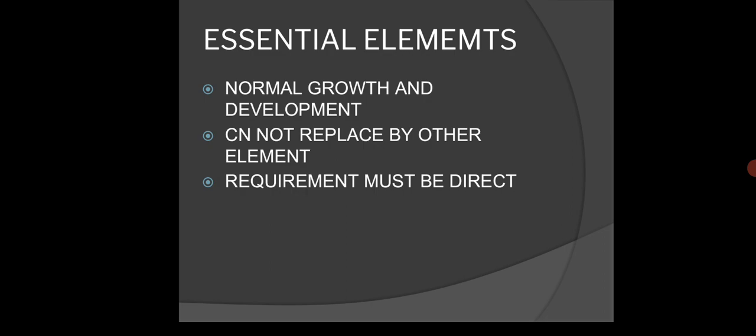First, the essential element must be required for normal growth and development. If this essential element is absent or not given to the plant, then the plant growth and development get reduced.